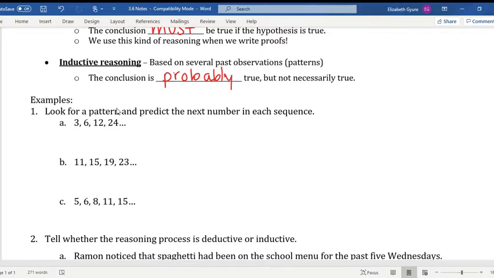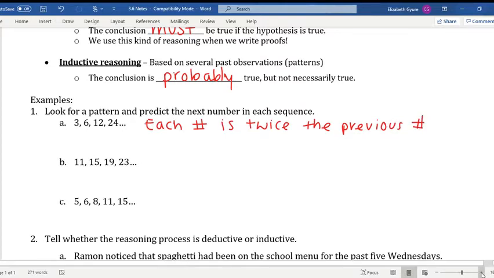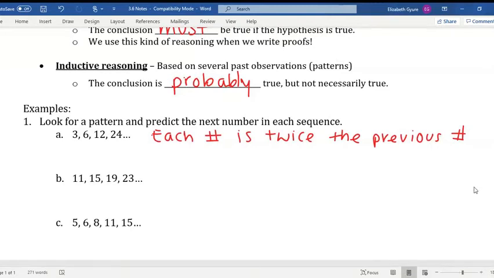So we're going to say that each number is twice the previous number. That means that our next number would be 2 times 24, so our next number would have to be 48 based off of our pattern.